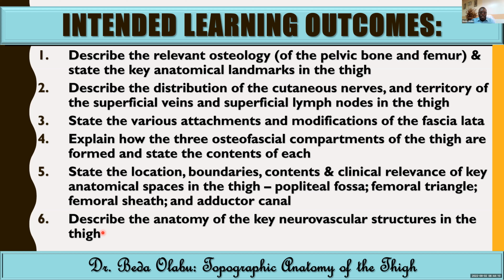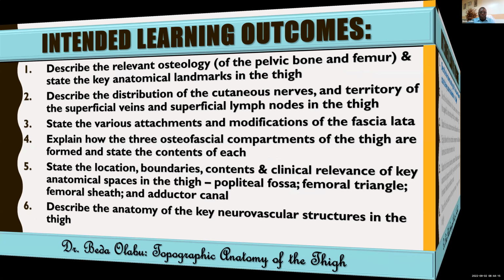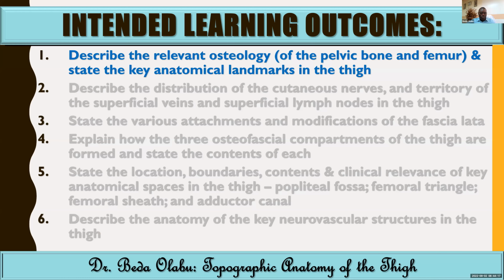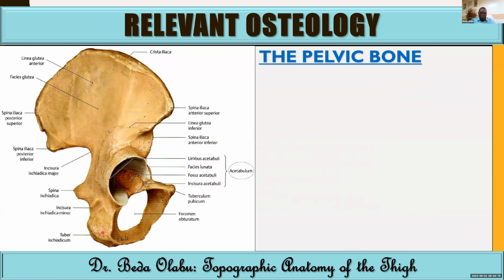Great. Having said so, let's address the first agenda, which is the relevant osteology. I'll start with that of the pelvic bone. In the previous session, we looked at the relevant anatomy of the pelvic bone, and we largely focused on the gluteal surface of the pelvic bone.